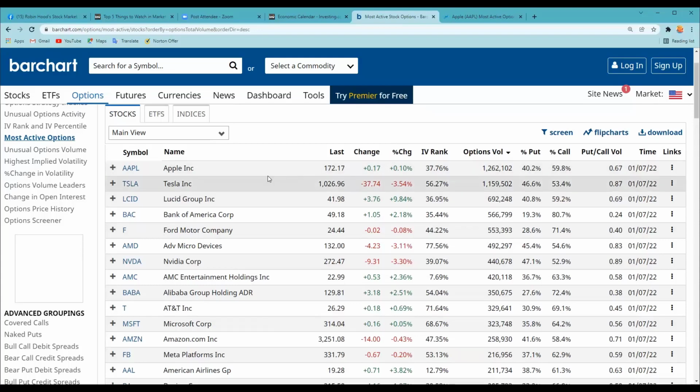So Apple was and is always the most active stock option because people like to day trade it. Apple doesn't move very much. It usually moves around 1%, maybe 2% or 3% at most. It's very predictable, especially with its algorithms. You can gain a lot, or you can also lose a lot. Every 1% Apple moves is like a 50% gain or loss in the options world.